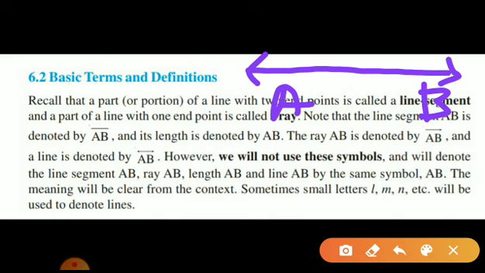It does not have any fixed length. Here you may see that this line AB on the screen is very small, maybe just 4 to 5 centimeters, but since I have marked two arrows on both the ends, it can be extended from both the sides.